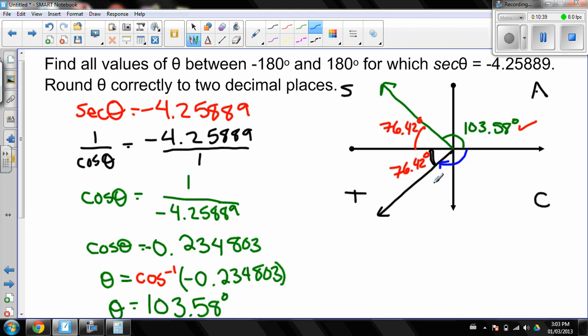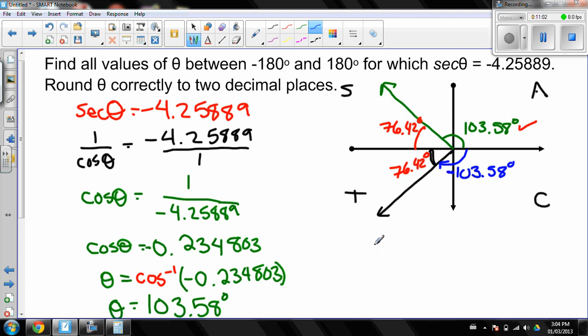Well, again, I know that this whole side is 180 degrees. I know that this angle is 76.42. Well, based on what I've done up here, I can say that this is 103.58 degrees. But it's going clockwise, which means it's negative.